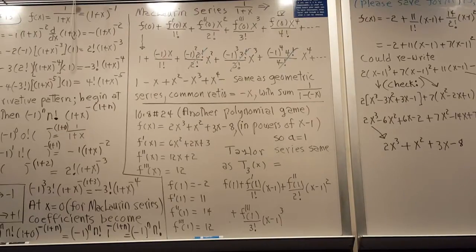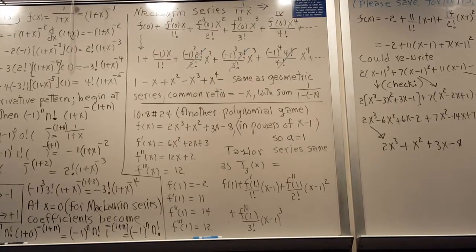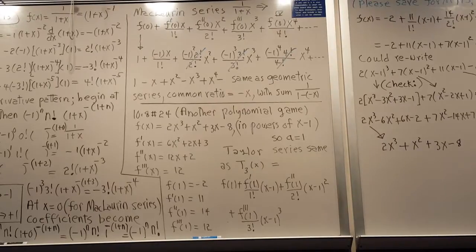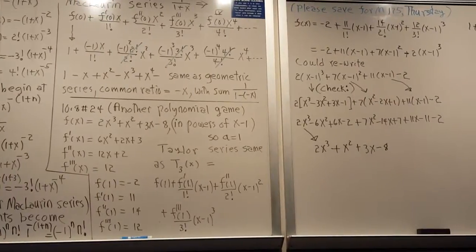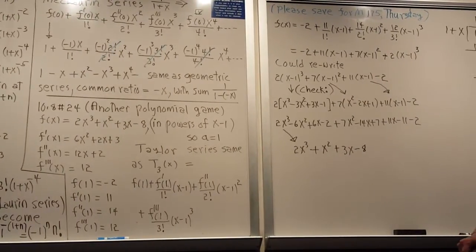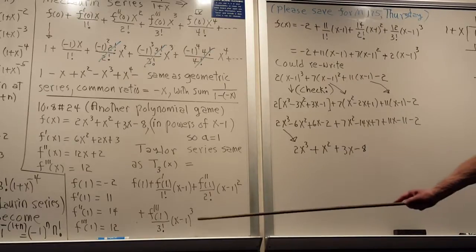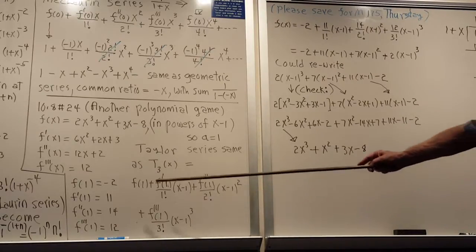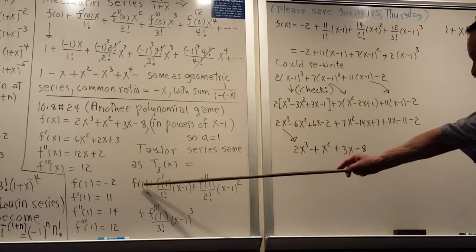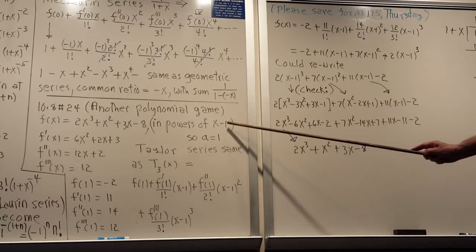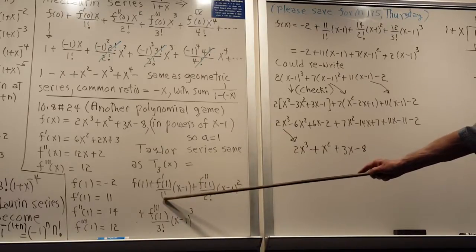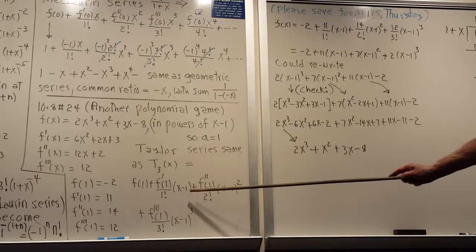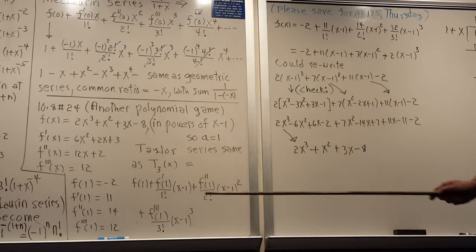Your error is proportional to that next derivative, and some more things, but if your fourth derivative and higher are 0, then that means you had a polynomial of this degree. So then what you want is f of 1, because it's powers of x minus 1, f prime at 1 over 1 factorial x minus 1, and so on like that.